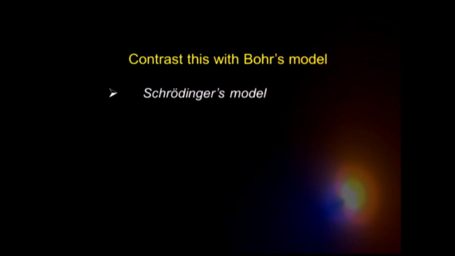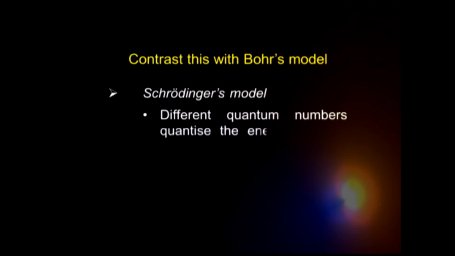That means the angular momentum was also quantized in terms of the quantum number n. Whereas in Schrodinger mechanics, we got two different quantum numbers, n, which quantizes energy, and L, which quantizes the angular momentum. That is a very significant differentiation between the semi-quantum model and the quantum mechanical model.